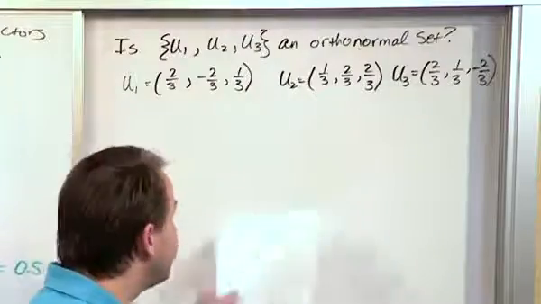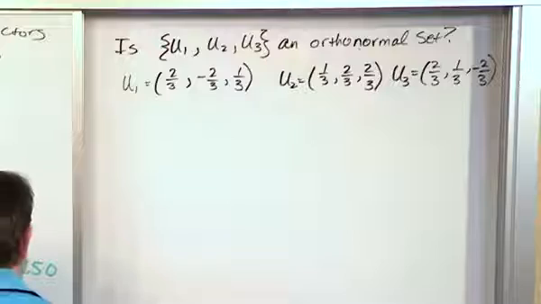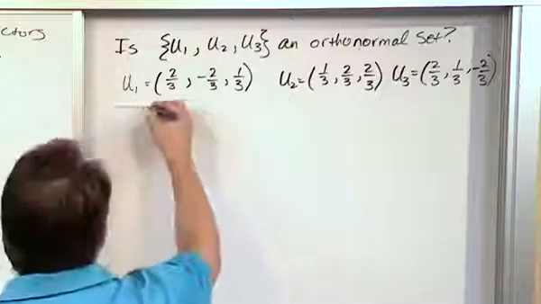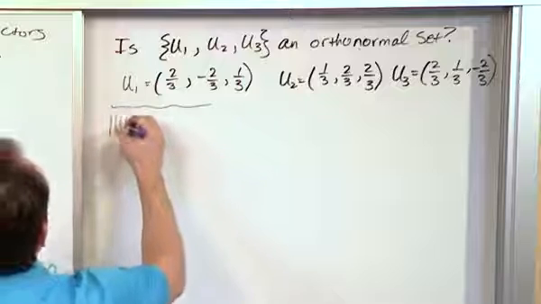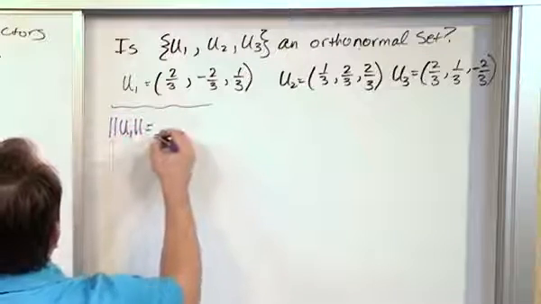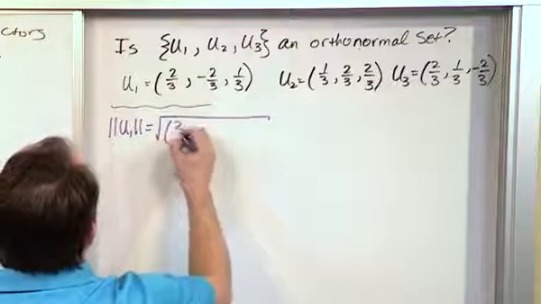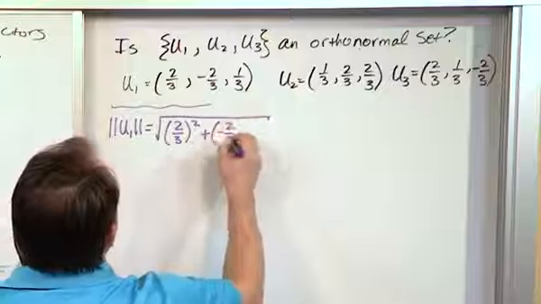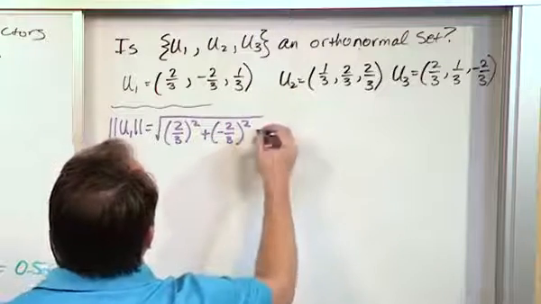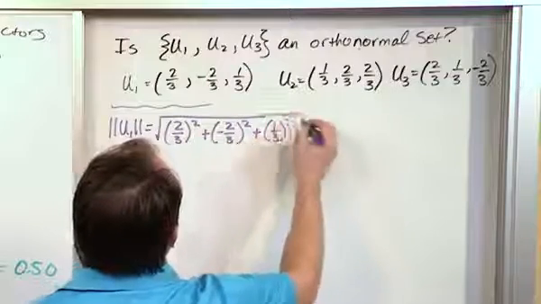All right, so we need to prove that though, and we have fractions and other junk going around that's going to make it a little bit more difficult, but it's not going to be hard. Let's do the first part. Let's just see what the length of u1 is. Well, it's going to be the square root of 2/3 squared plus negative 2/3 squared plus 1/3 squared.